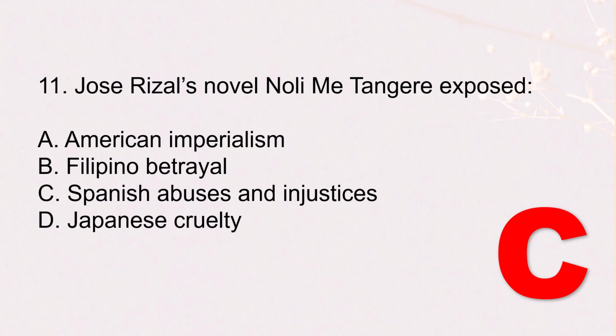After the Spanish era, here come the Americans, and after the Americans, the Japanese came. Letter B is incorrect because it is not the novel's main theme. Filipino betrayal is not the main theme.